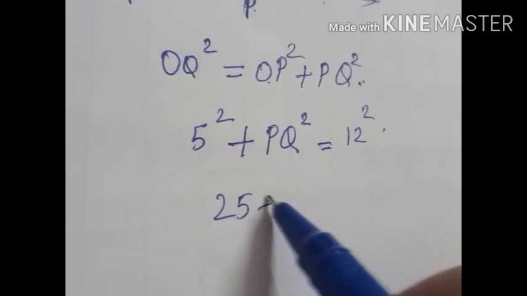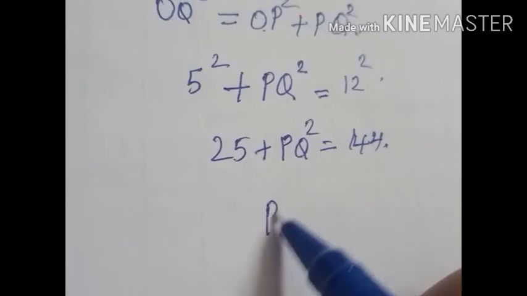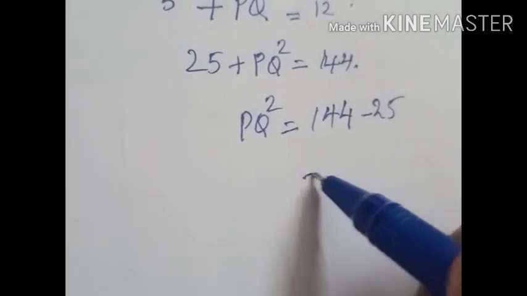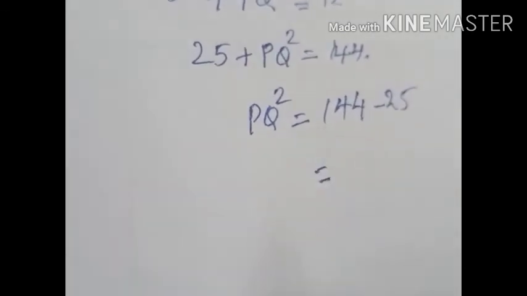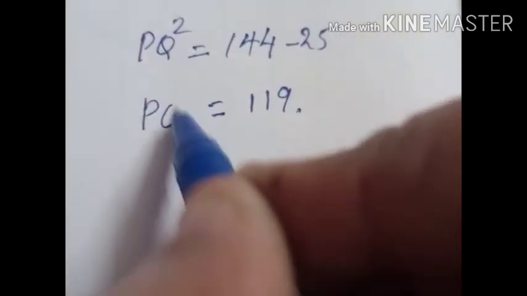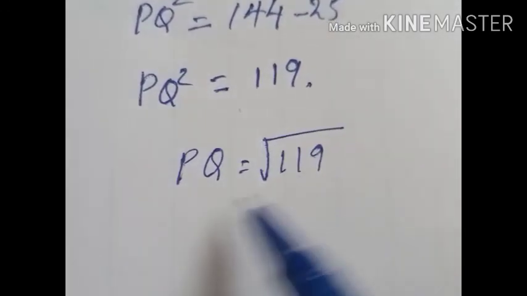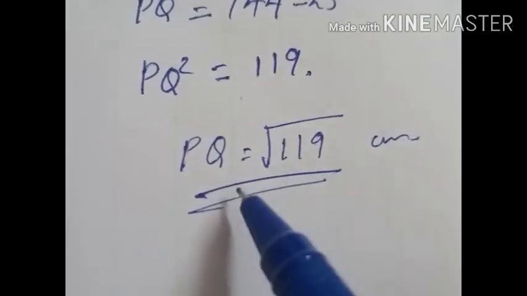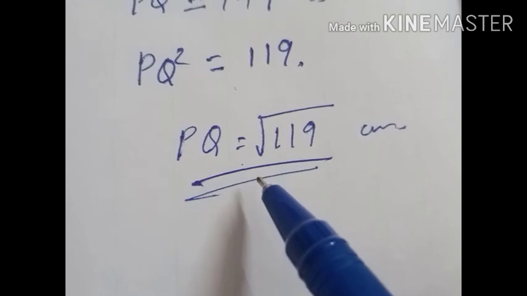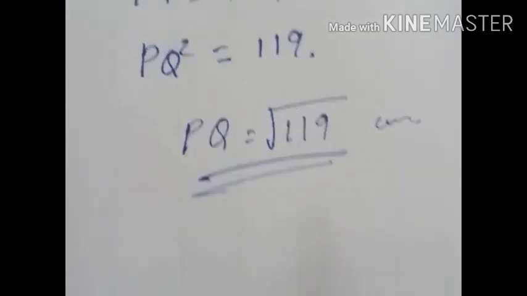Then 25 plus PQ square equals 144, so PQ square equals 144 minus 25, which is 119. So PQ equals root 119 centimeter. Option D is the correct option in this question.